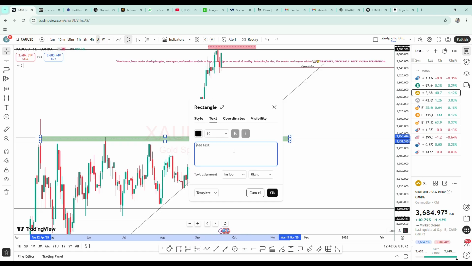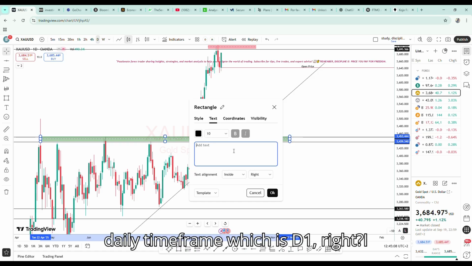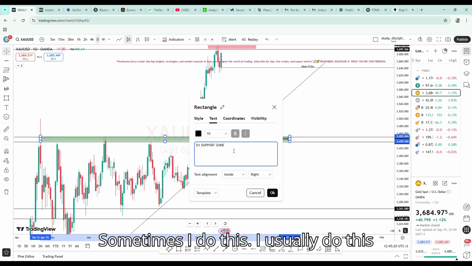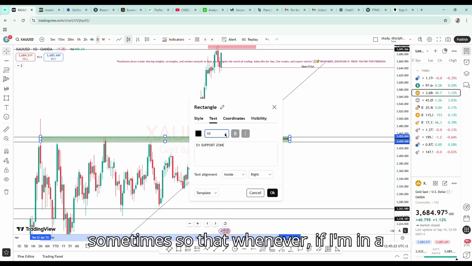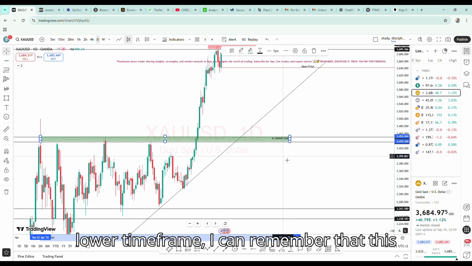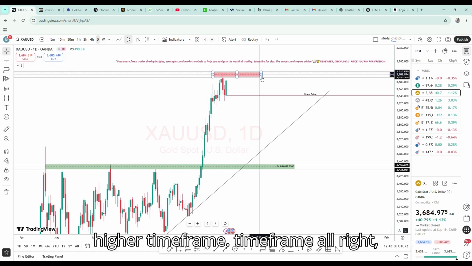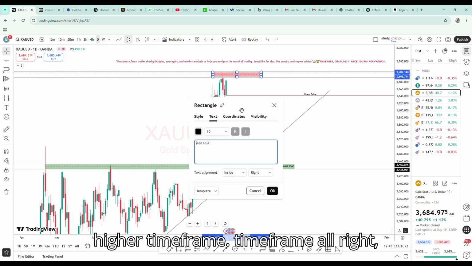I can say daily time frame, which is D1, D1 support zone. I usually do this sometimes, so that if I'm in a lower time frame, I can remember that this is the level that I drew from the higher time frame, the daily time frame.